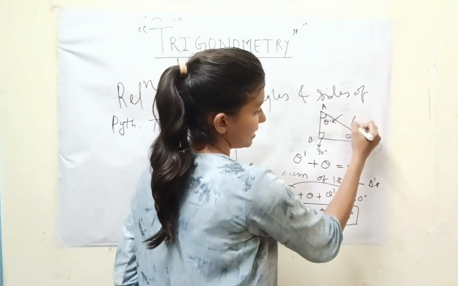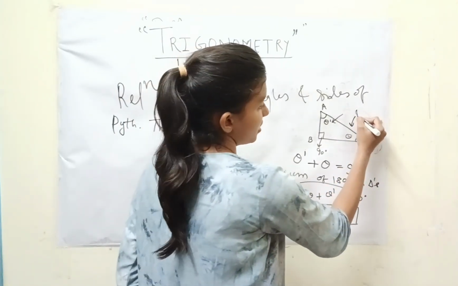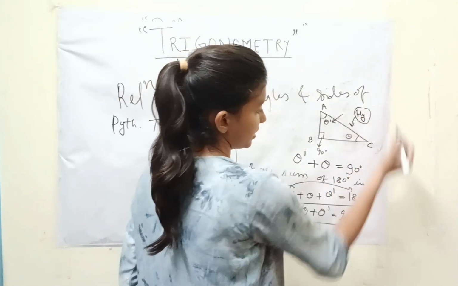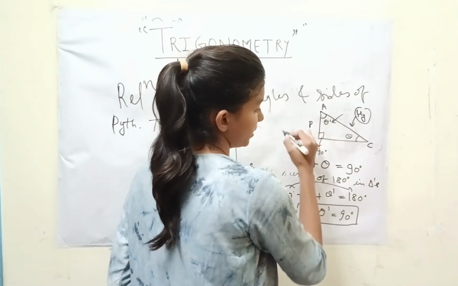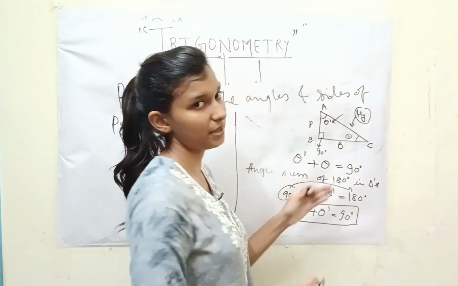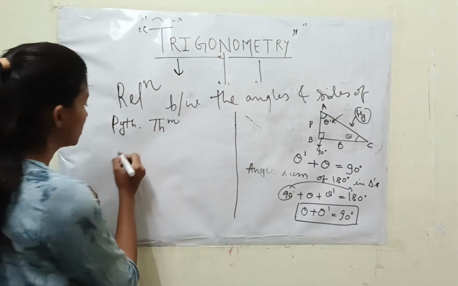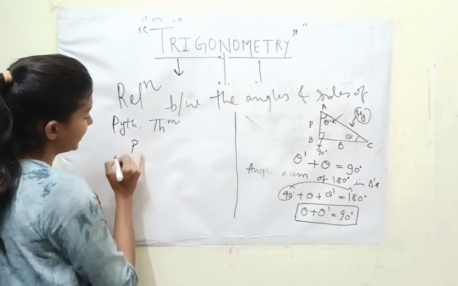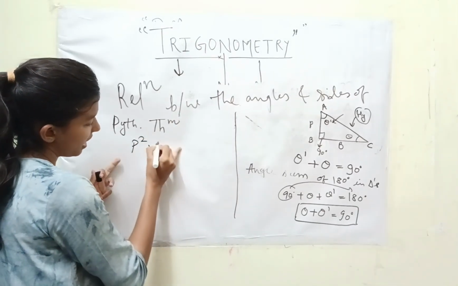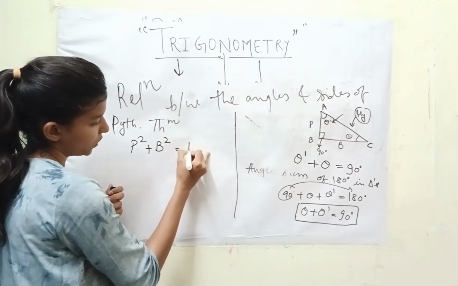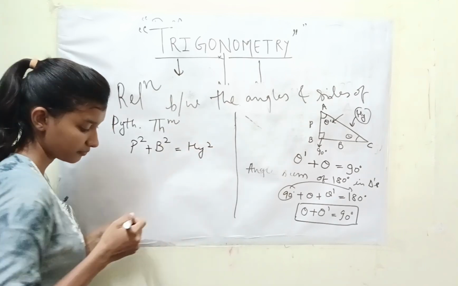As we know, the biggest side is called the hypotenuse, and the others are perpendicular and base. By Pythagoras theorem, we write perpendicular square plus base square is equal to hypotenuse square.